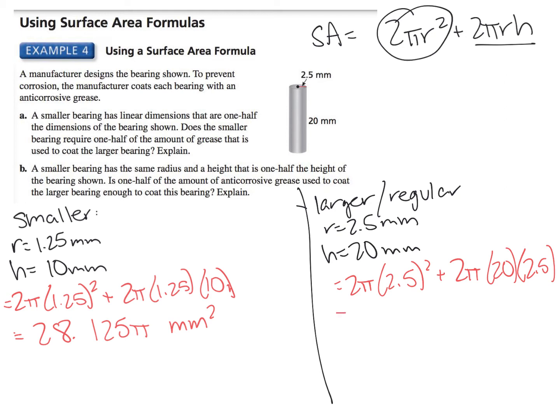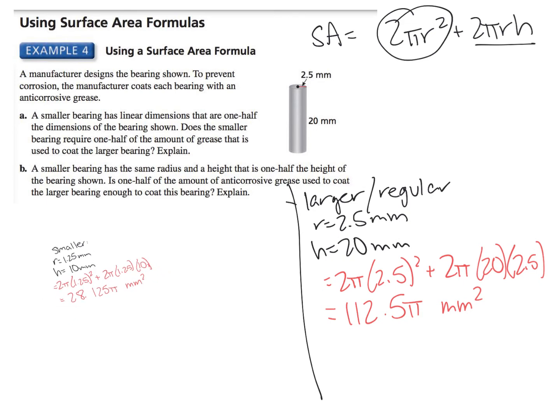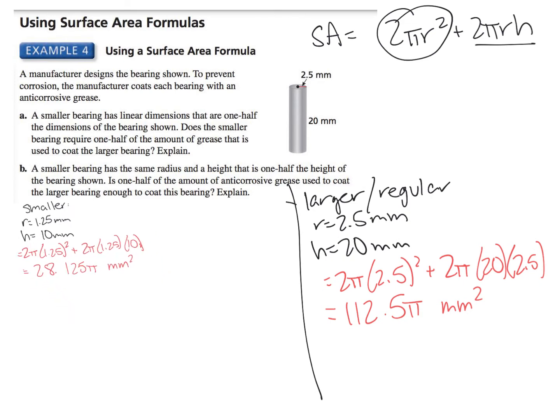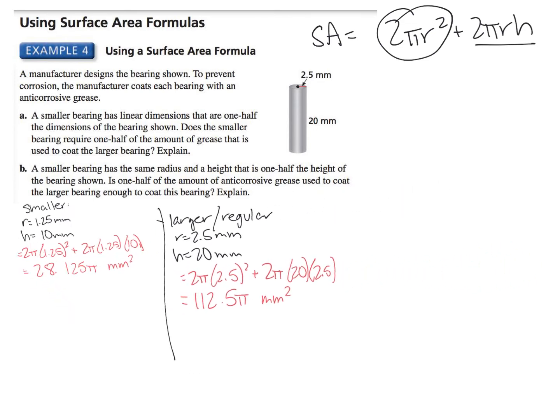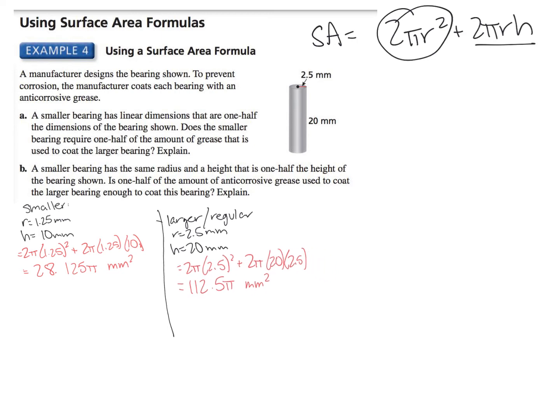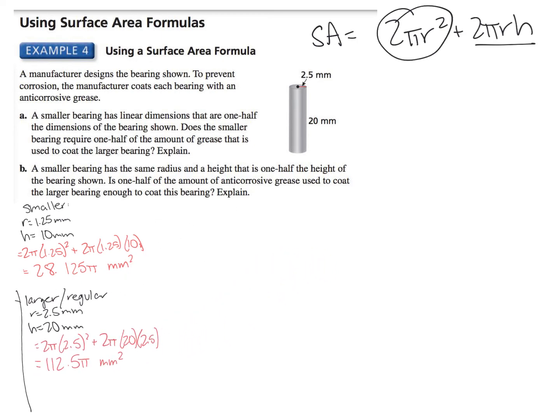All right, so that gives us 112.5 pi millimeters squared. I'm leaving a separation so you guys can see the difference. Let me make this a little smaller. Oh, not that much smaller. Give me a second. There we go. Giving us more room to work.